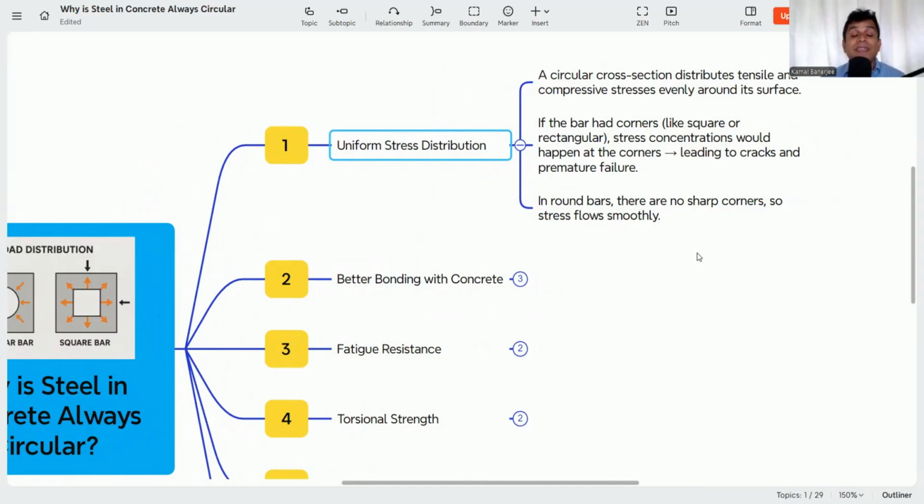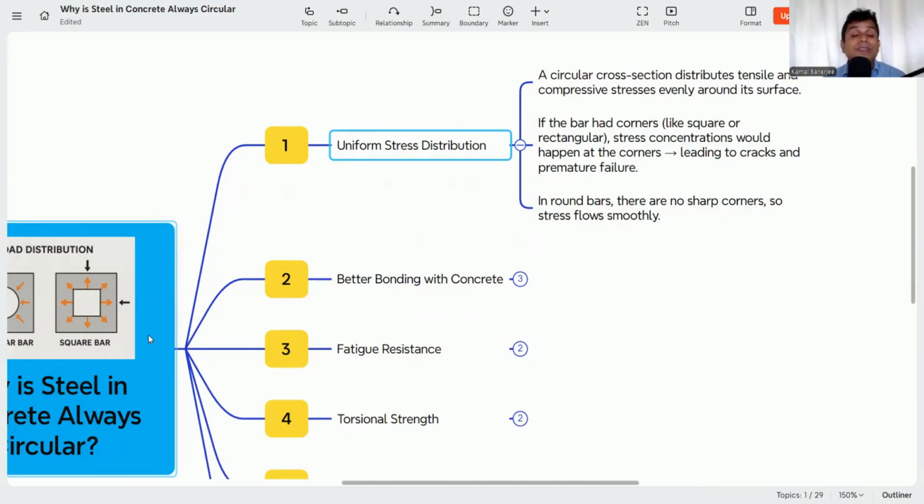Because the distance from the center point to the corner portion is more, the load will be more, so there will be cracks and premature failure. But on the other hand, the circular bar has no corner, so at every point the load distribution is the same, so there will be no cracks and premature failure. In a round bar, there are no sharp corners, so stress flows smoothly. So what is our intention?